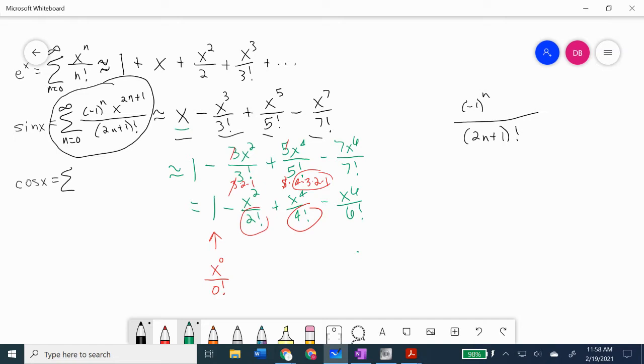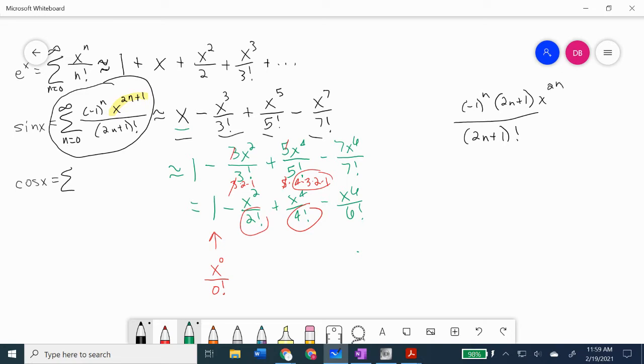Then when I take the derivative of the piece that actually has the variable x, I use the power rule. And with the power rule, I drop the exponent and then subtract 1 from the exponent.